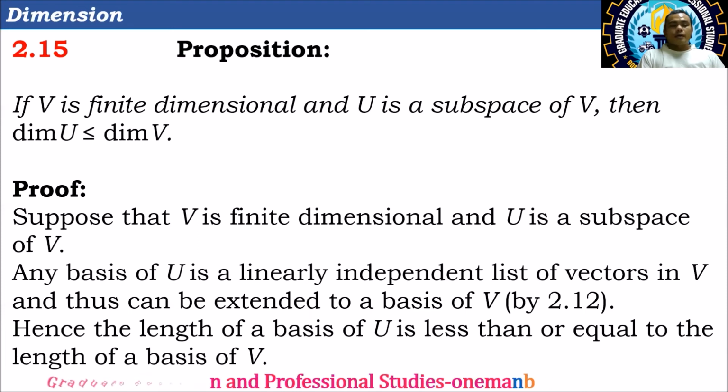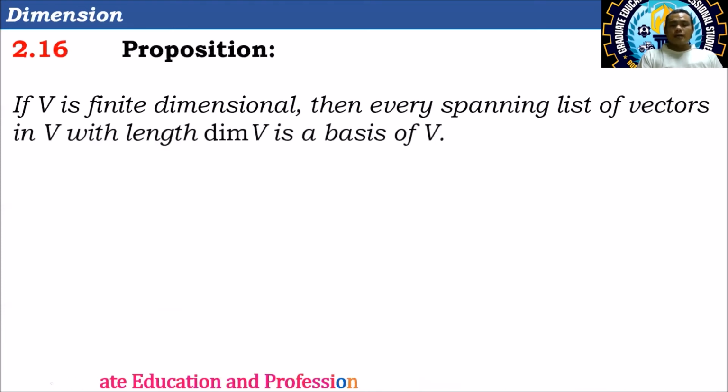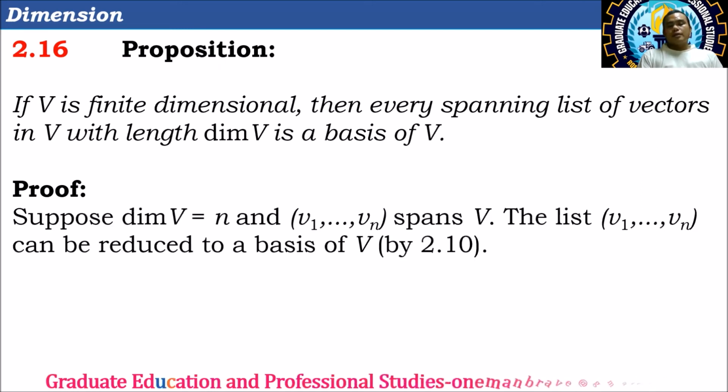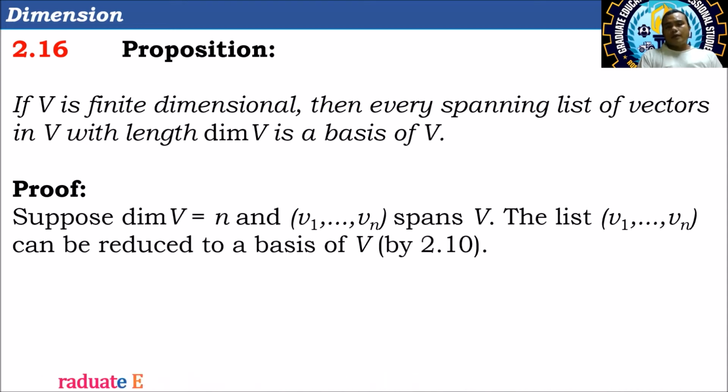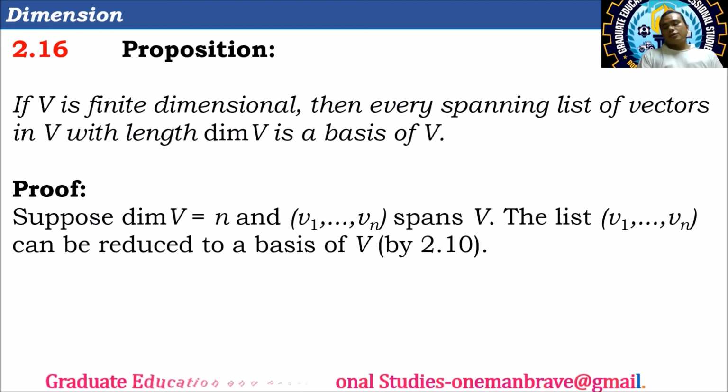Another idea is that if V is finite dimensional, then every spanning list of vectors in V with length dim V is a basis of V. To prove that, suppose dim V is equal to n and v's span V. The list of v's can be reduced to a basis of V, as shown in 2.10.